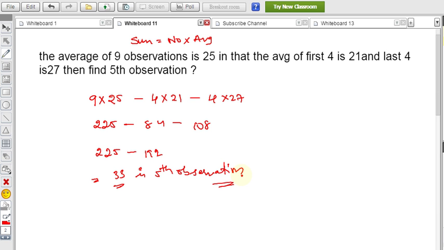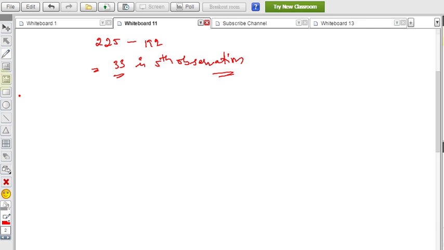And similarly, instead of giving first and last, sometimes they'll give only one value in the middle.